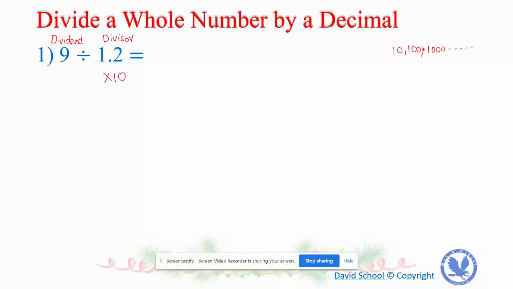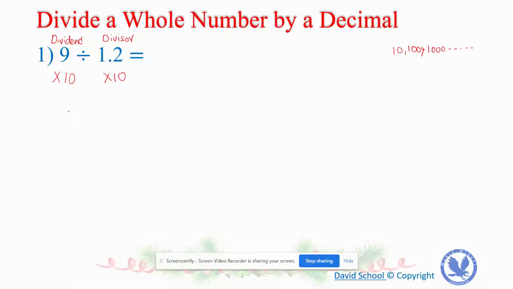There is another important point here. Whenever you multiply the divisor by any base 10 number, we should multiply the dividend also by the same number. So I'm multiplying 1 and 2 tenths by 10, so we have to multiply the dividend, the 9, also by 10.